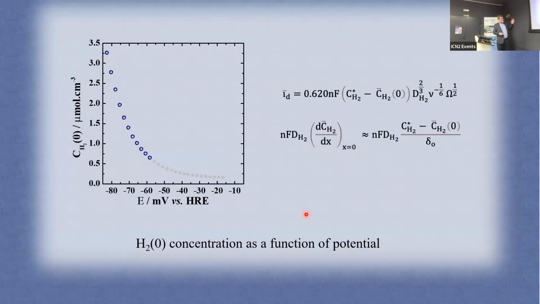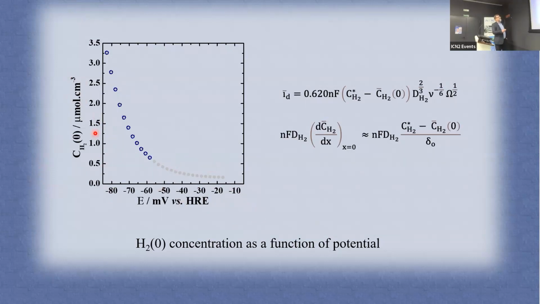On the basis of these fitting parameters and the experimental results, it is possible to determine the hydrogen concentration at the surface as a function of potential. And we have obtained this profile at the surface. Okay?